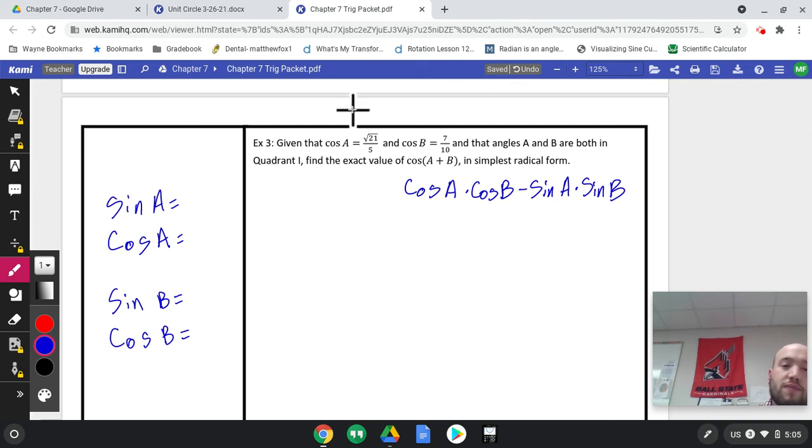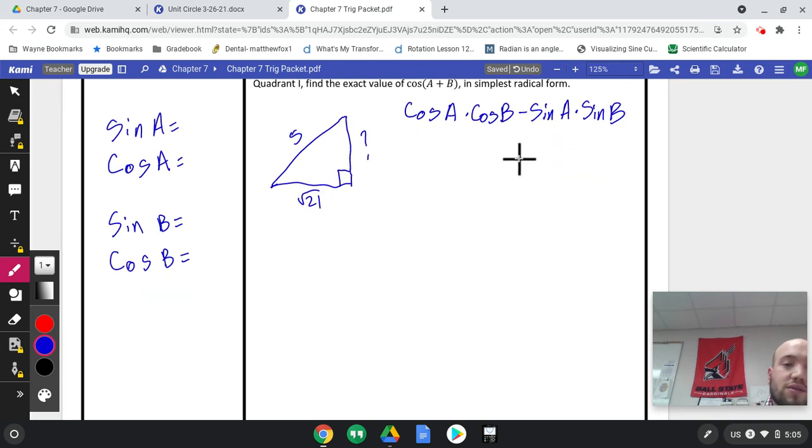So we look here, and it says that angles A and B are both in quadrant 1. Okay, so we know that's up to the right, so they both will look something like this. That's how we've been drawing our triangles anyway, but we know that everything's going to be positive. Okay, so cosine of A, so this is our A over H, so H is 5, A, the adjacent, square root of 21, and we want to know what goes right there where I put the question mark, so we can just set that up, A squared plus B squared.